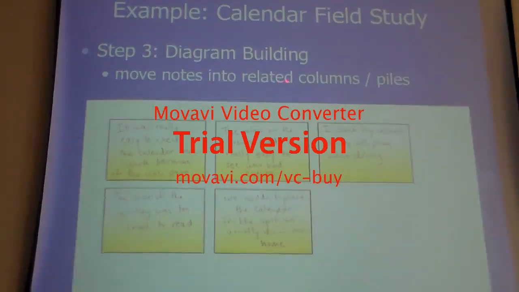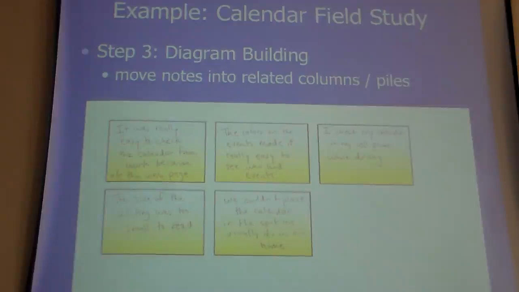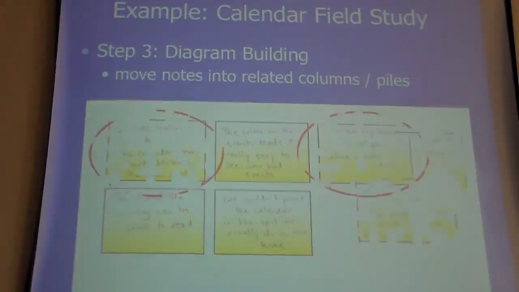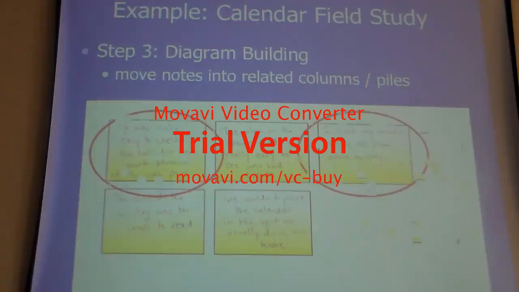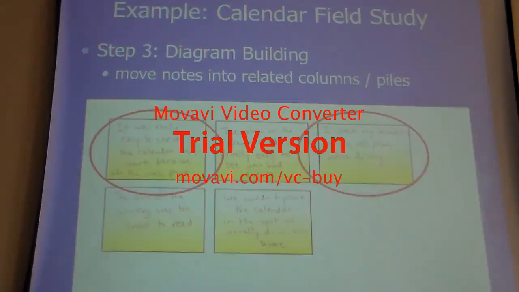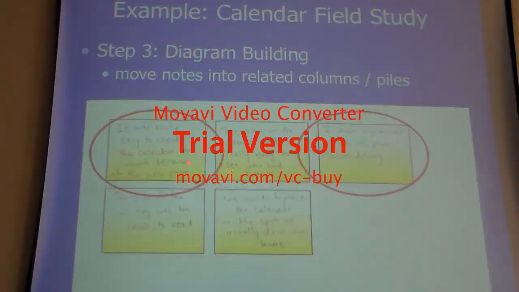Move notes into related columns: moving, organizing, arranging. For example, why did they put these two this way? See the previous one: it was really easy to check the calendar from work because of the web page.